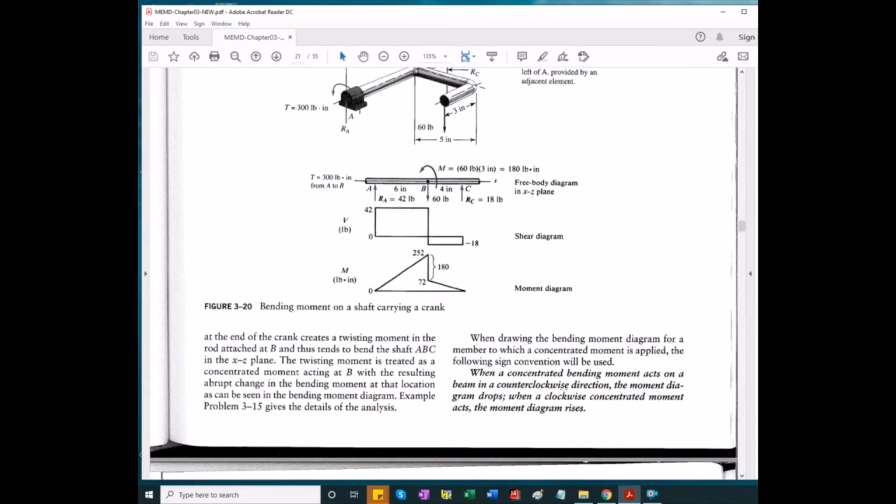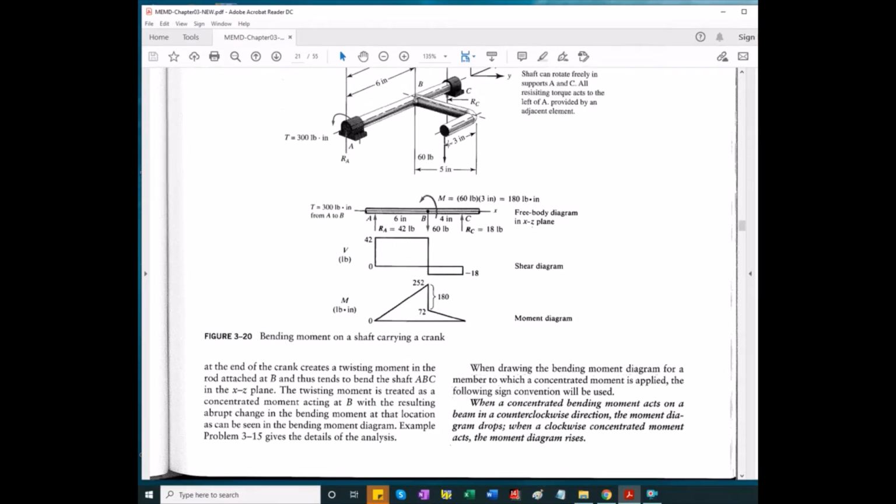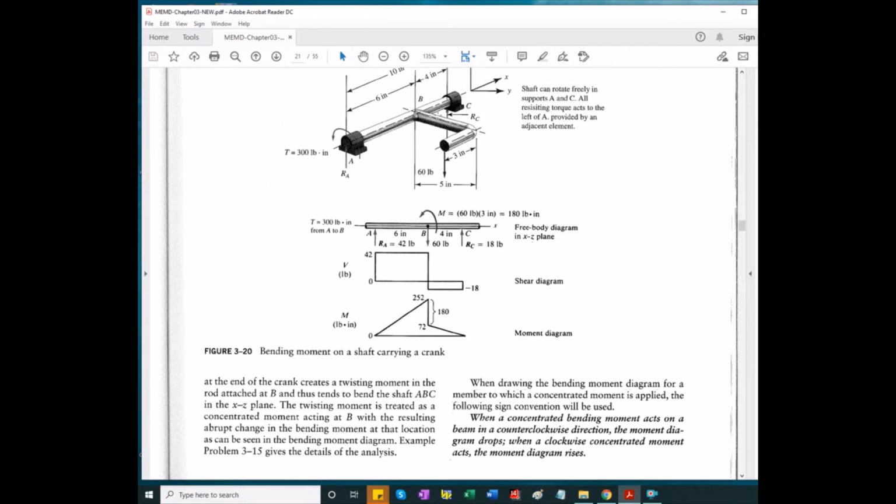There is a sign convention when it comes to concentrated bending moments. So if the bending moment is in a counterclockwise direction, like shown here, the moment diagram drops, as you can see. If we reverse it, if instead this force is pushing up, then it will be a rise in the bending moment diagram.